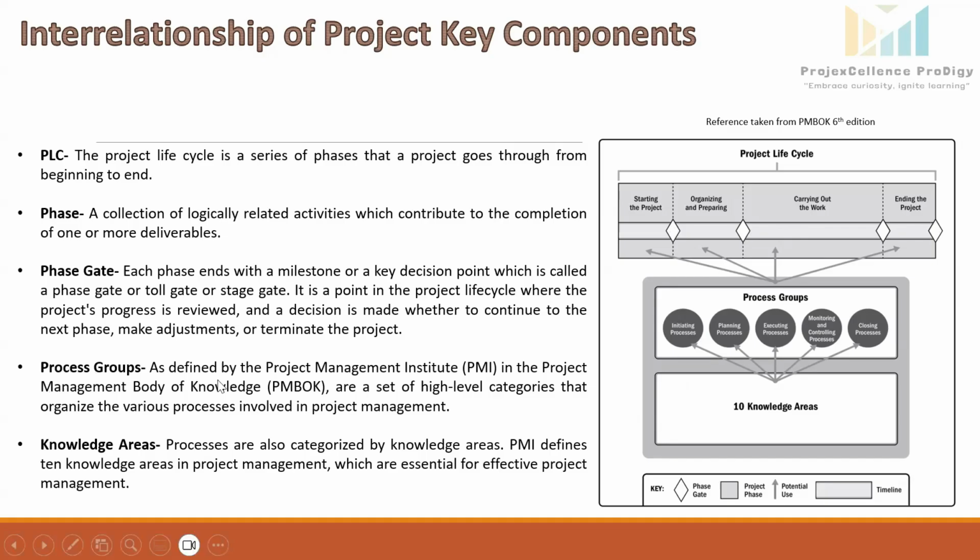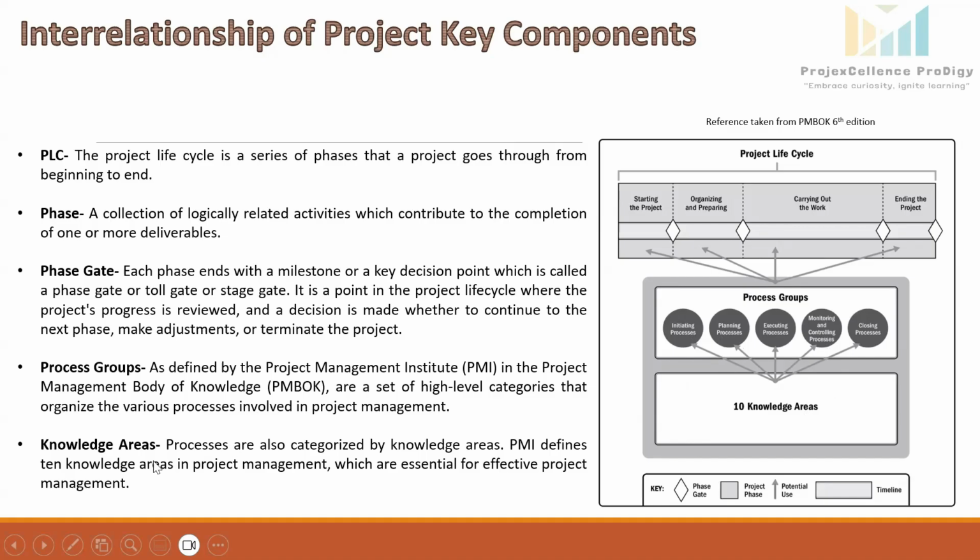Then come to the process groups. As defined by the PMI in the PMBOK, process groups are a set of high-level categories that organize the various processes, meaning the 49 processes involved in project management. So these are the 5 process groups: initiating processes, planning processes, executing processes, monitoring and controlling processes, and closing processes.